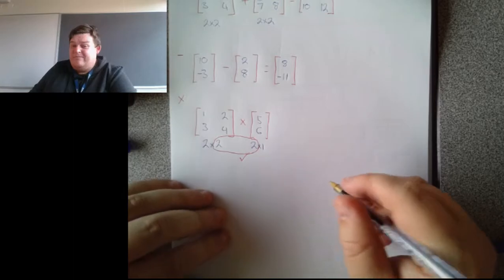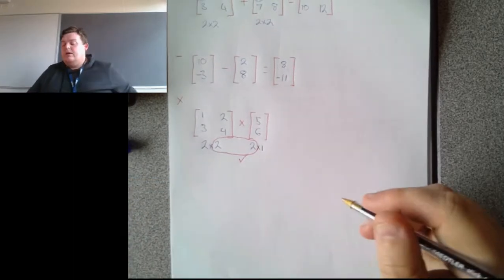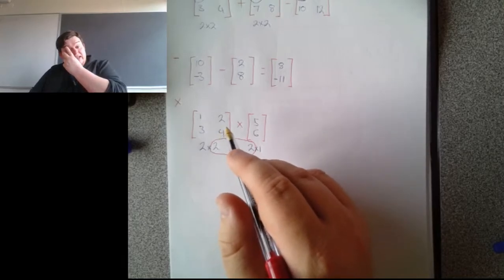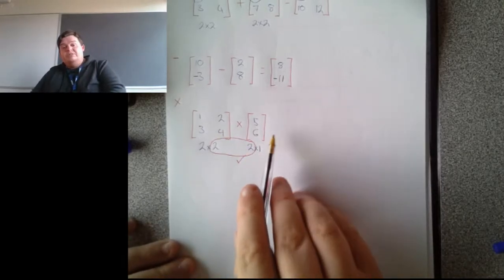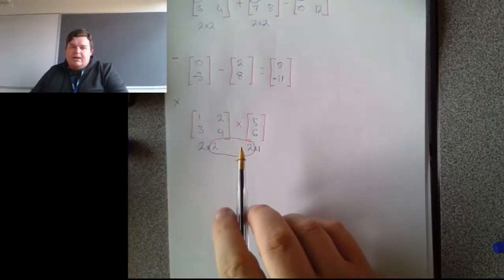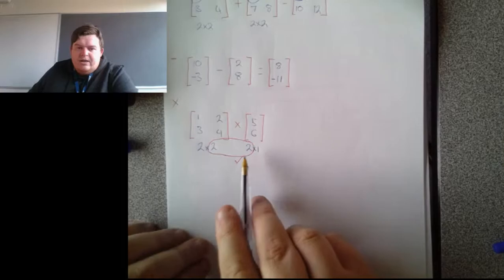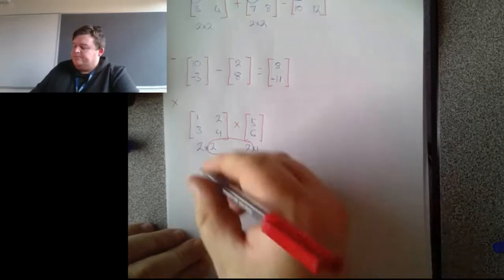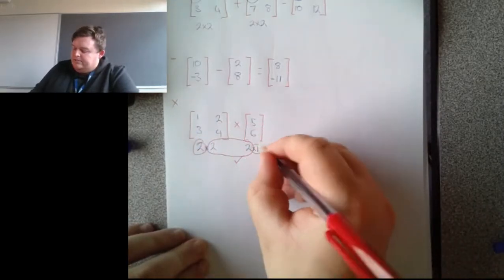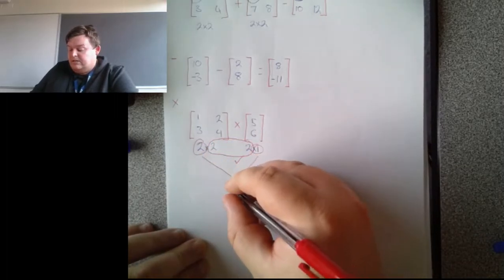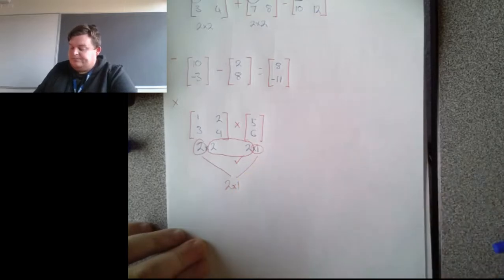If they're different, it means it won't work. The number of columns in this matrix needs to be equal to the number of rows in this matrix, which is a little complicated. That's why I do the drawing. And the two leftover numbers, in this case 2 and 1, become the size of our answer. So our answer is going to be a 2 by 1.